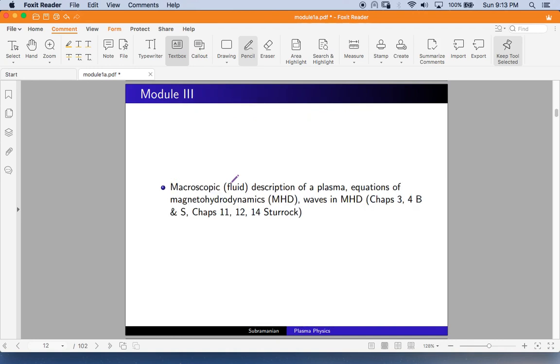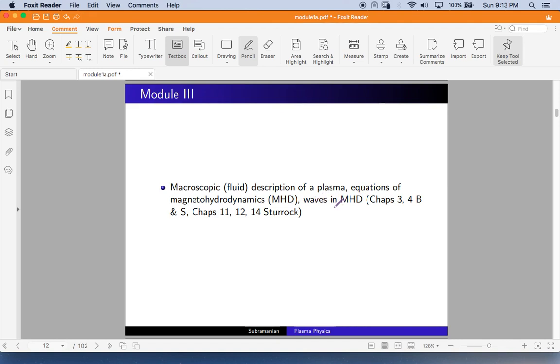And module 3, by the time we get to module 3, we are entering the second half of the course. And that is where we will start talking about the macroscopic fluid description of the plasma, as we discussed. In this, we will be covering the equations of magnetohydrodynamics. We will also talk about waves in the magnetohydrodynamic description.